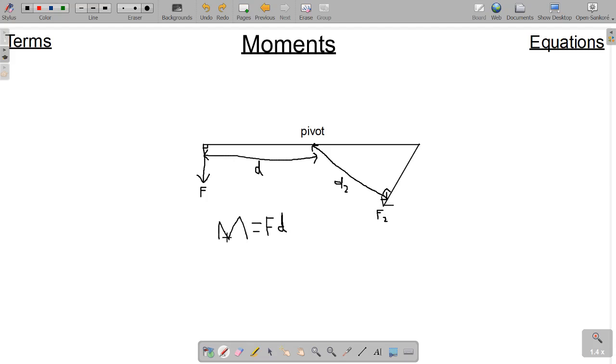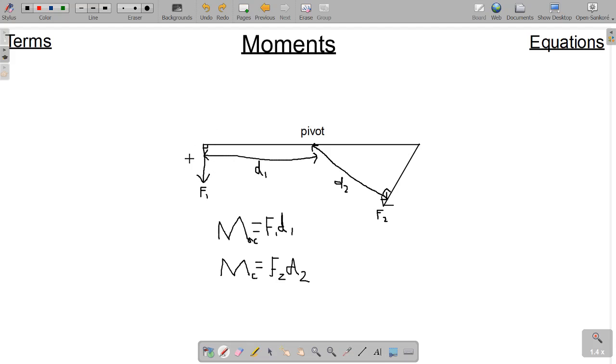So here, the anti-clockwise moment will be FD. The clockwise moment will be F2 D2.